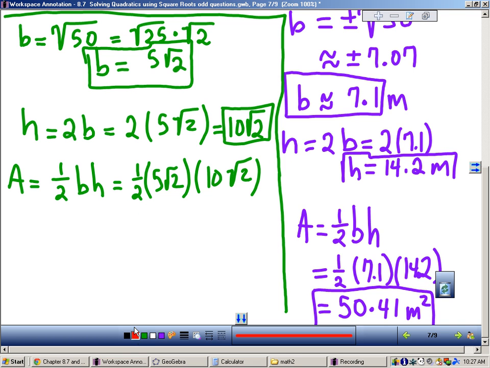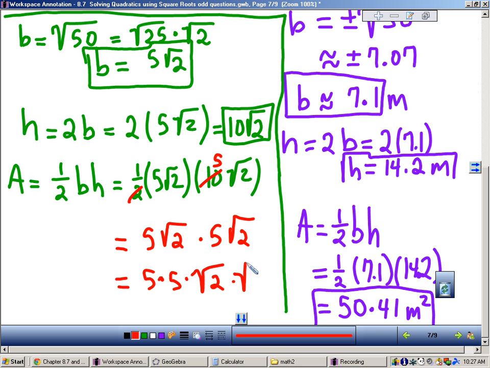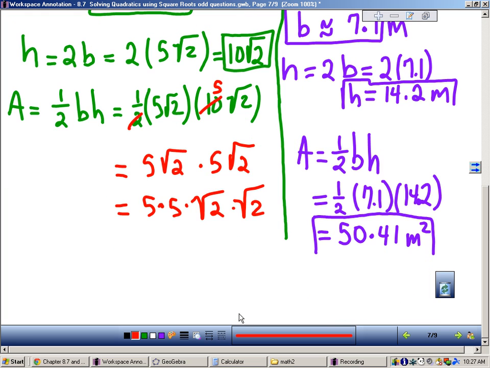So I'm going to cross simplify. 2 goes into 10 5 times. And so I end up with 5 radical 2 times 5 radical 2. And so this becomes 5 times 5 times radical 2 times radical 2.